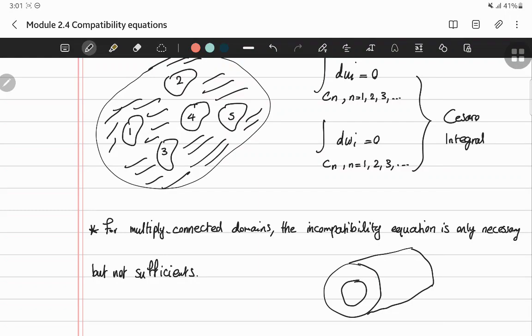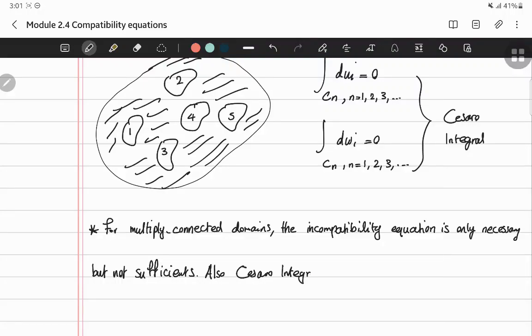This is a multiply connected domain, in reality. Also, Cesaro integrals should be zero on irregularities or discontinuities.